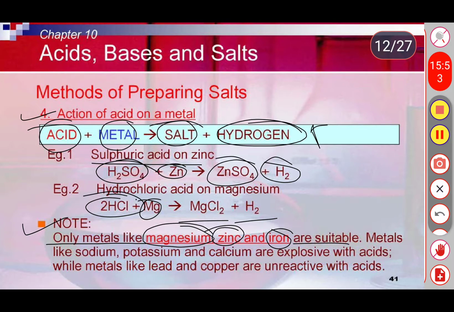Metals like sodium, potassium and calcium are explosive with the acids, while metals like lead and copper are unreactive with the acids.